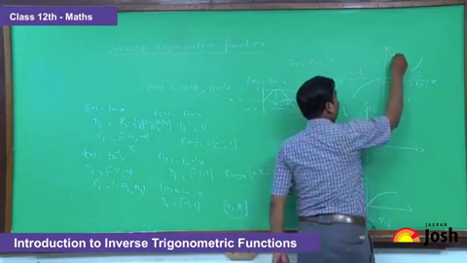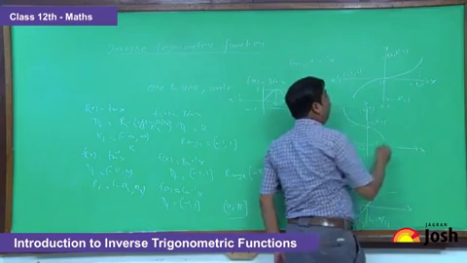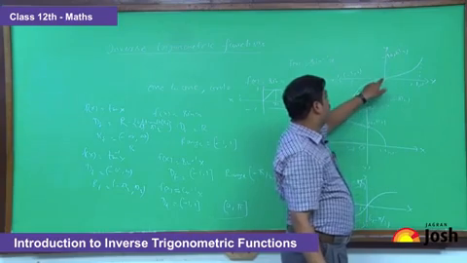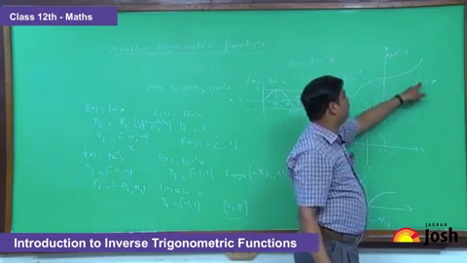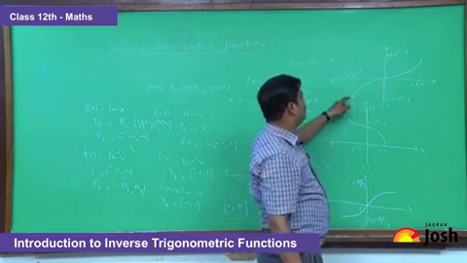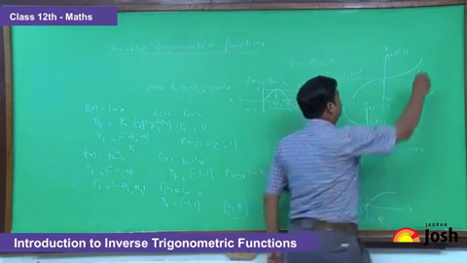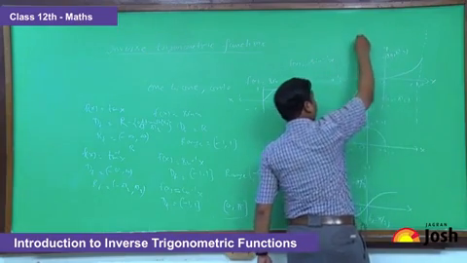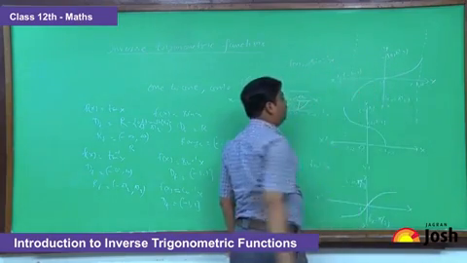Over here we have π/2. At π/2 we know that sin x becomes 1. So at sin inverse 1 we have π/2, and at sin inverse -1 we have -π/2. So the graph varies like this. This is its boundary. It won't go beyond 1 and beyond -1.